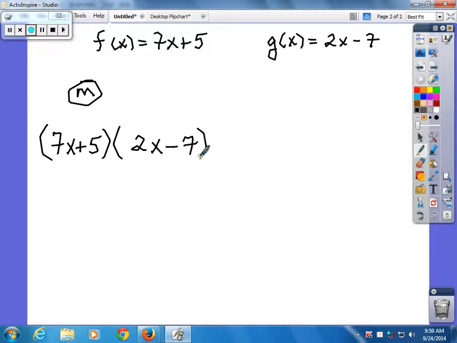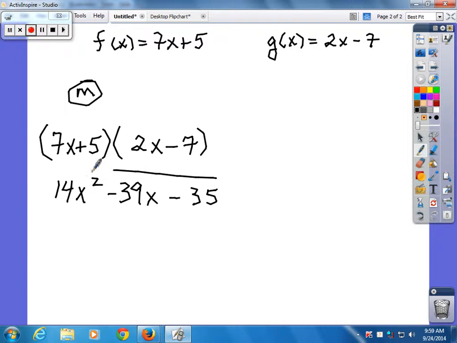FOIL. 14x squared minus, wait a minute, that'd be 49 and 10, that'd be negative 39x, and then minus 35. Yep. And that is your answer there. All real numbers, because there's nothing that affects the domain and range.